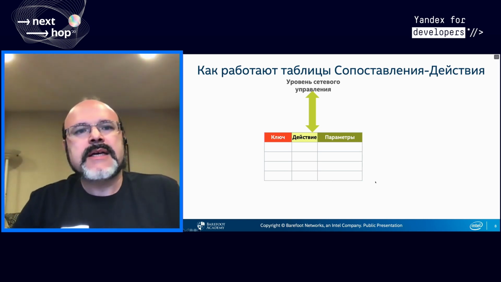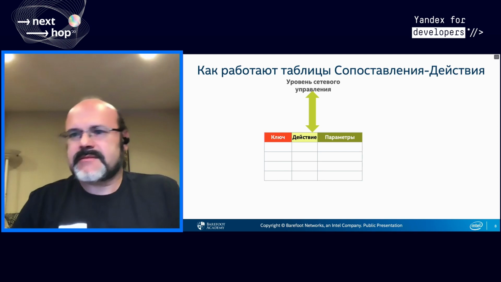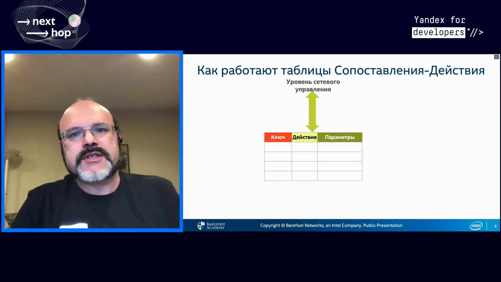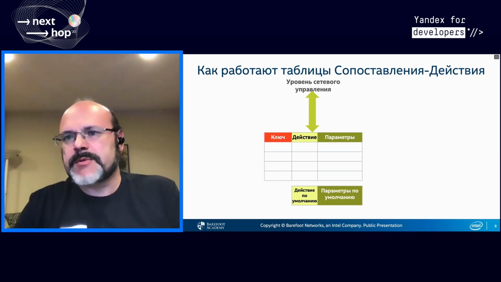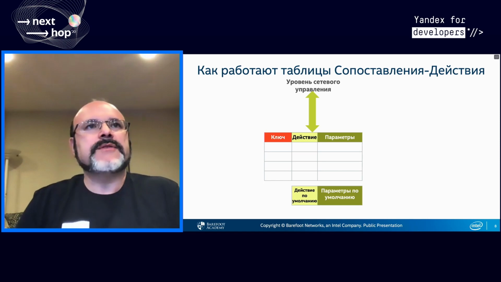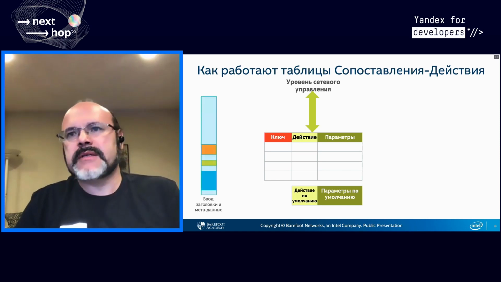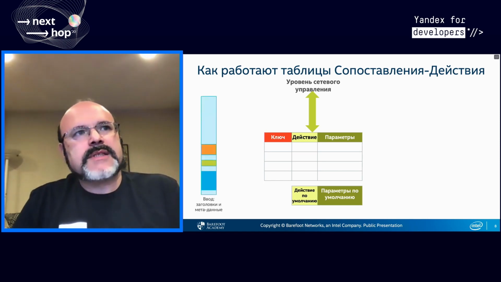Those tables are programmed by your control plane. And unlike standard tables, these tables have an additional line that is actioned by default in case the key has not been identified.